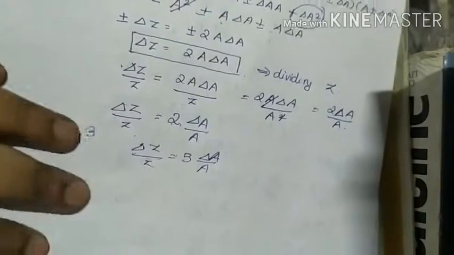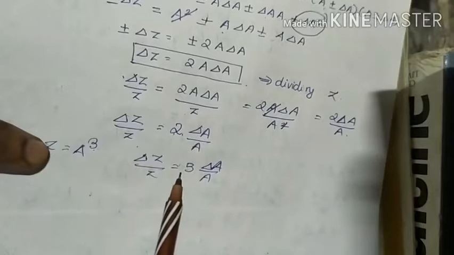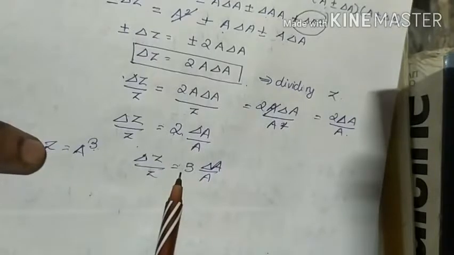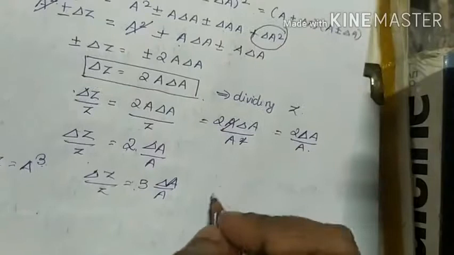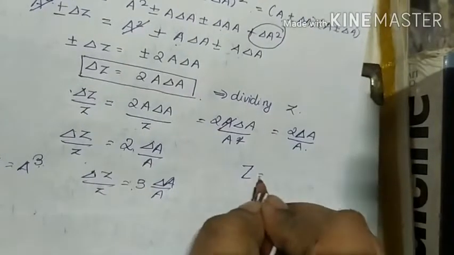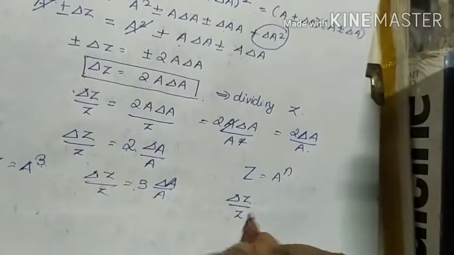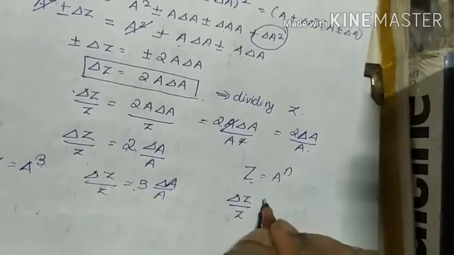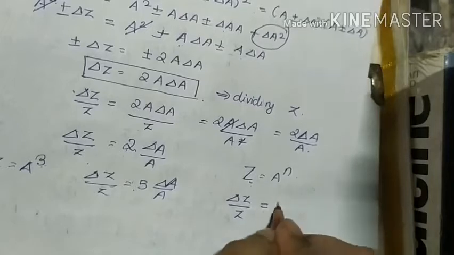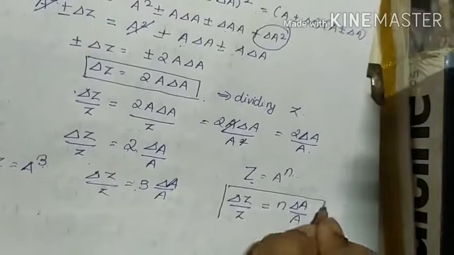That means whatever the power is, that becomes the coefficient of the relative error. In general form, if z is equal to a raised to n, then delta z by z, the relative error of this answer, will be equal to n into delta A by A. That is the general form.